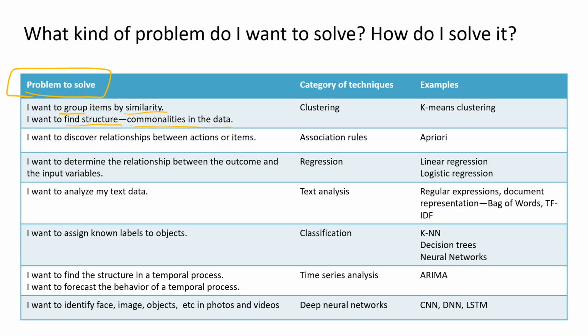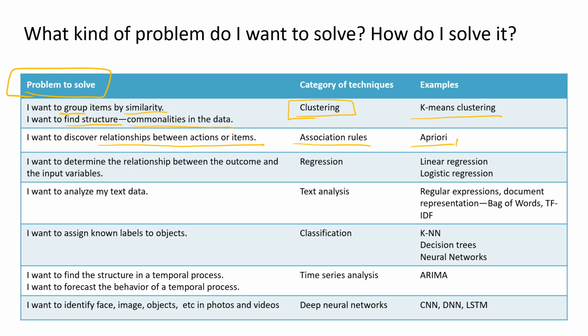This is more of an exploratory technique, not a prediction technique, and then you could use clustering algorithms like k-means. If you want to discover the relationship between some items or actions, you could use association rules. An example of that category of techniques is the Apriori algorithm. Also, we have affinity analysis algorithms.